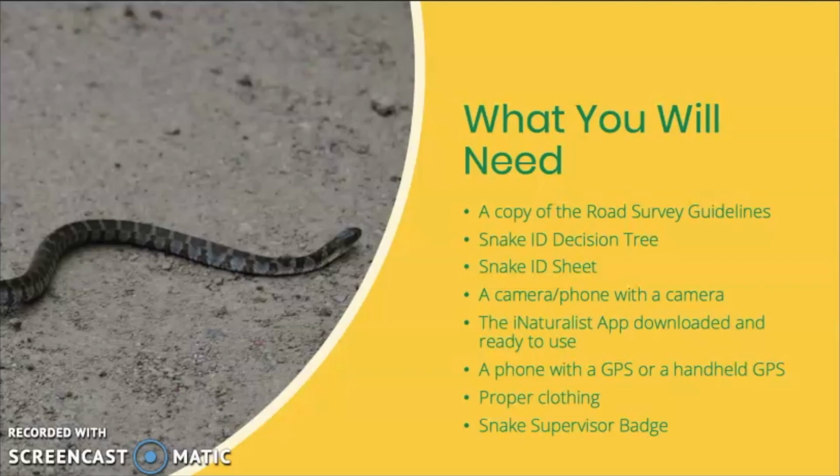I think most people nowadays have their cameras built right into their phones, but if you don't, a handheld camera would be fine. You also need the iNaturalist app downloaded and ready to use on your phone or iPad if you prefer. We're going to go over how to use iNaturalist a little later on in this presentation.